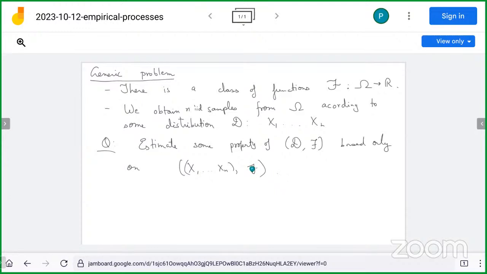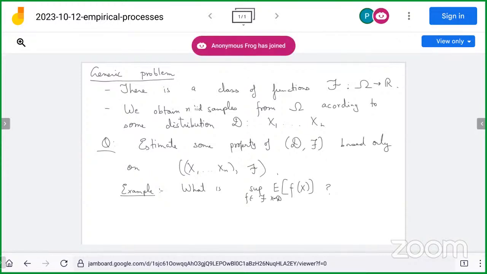For example, what is the sup over F of an expectation? This is a property of both the family F and D. The natural thing to do is to take the function F that maximizes the empirical value and hope that's the best.